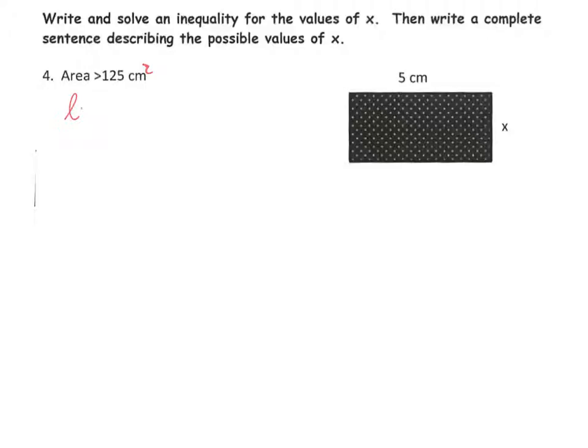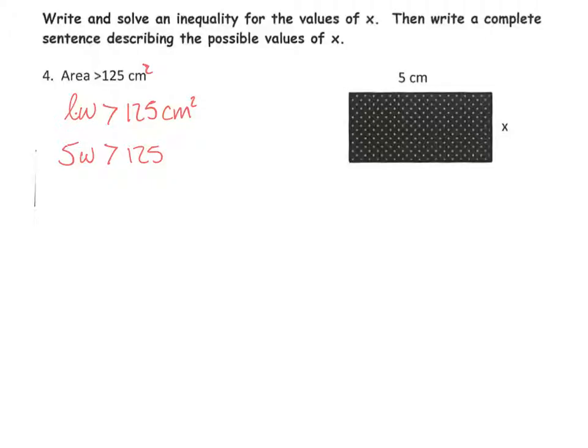Okay, so I'm going to rewrite this as length times width is greater than 125 centimeters squared. Okay, so now looking over here at our rectangle, what is our length? Okay, so 5 times W is greater than 125.